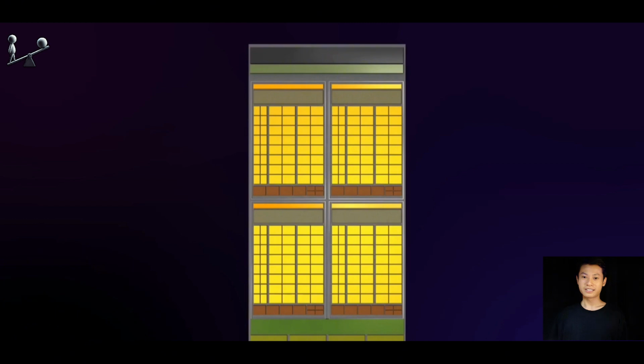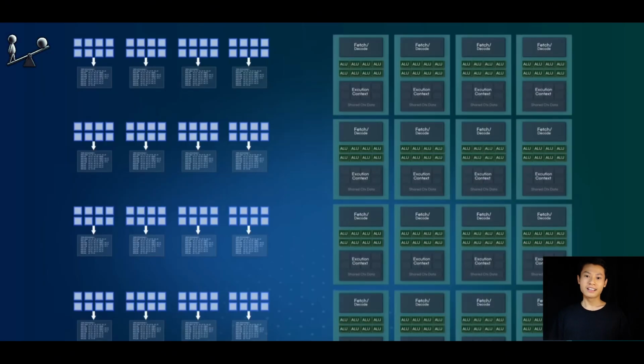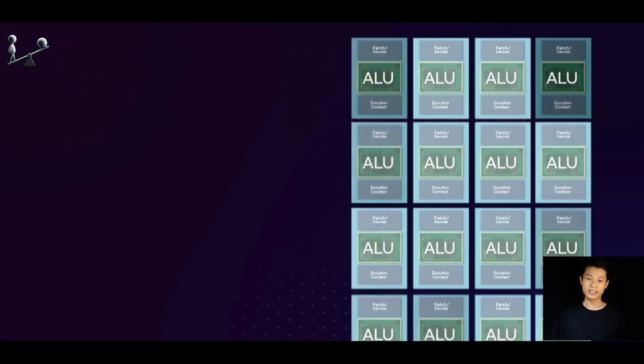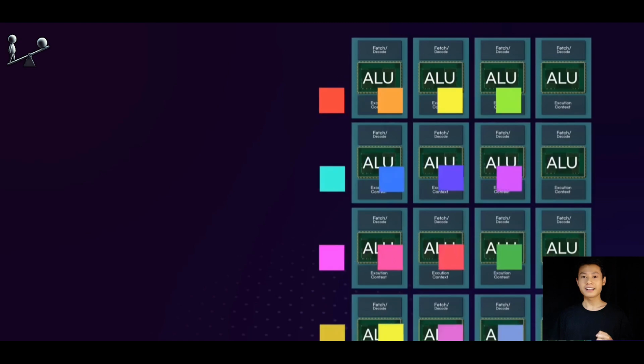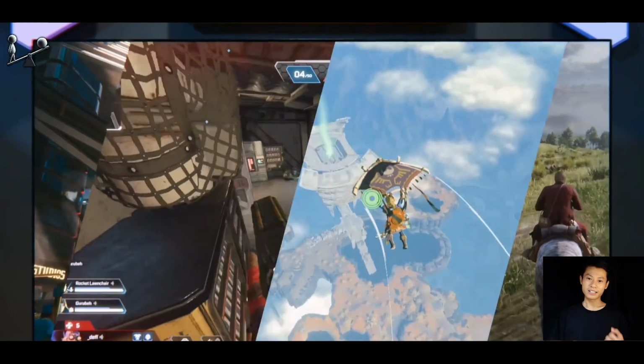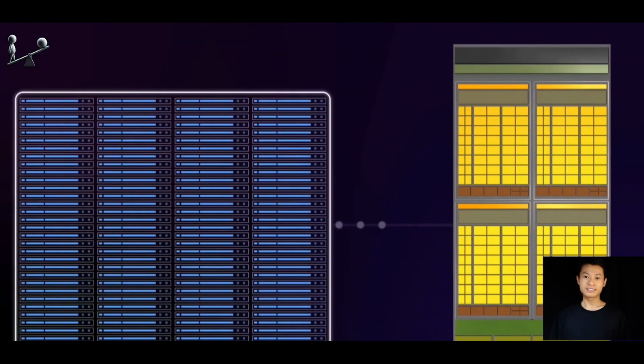A GPU has thousands of cores, and when you give it a large amount of calculations, it immediately distributes the tasks to the logic units across these cores for processing. Thanks to this, the calculations are completed and returned quickly. That's why, when playing games, you don't feel any lag. So how can a GPU achieve such large-scale parallel computing?